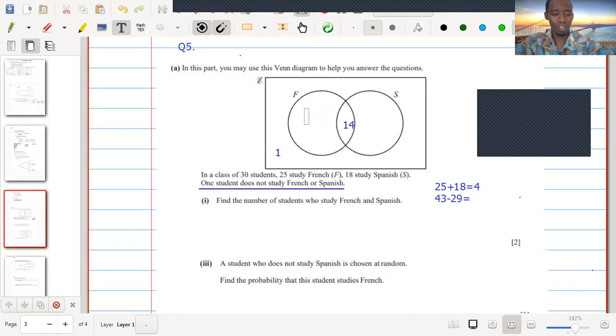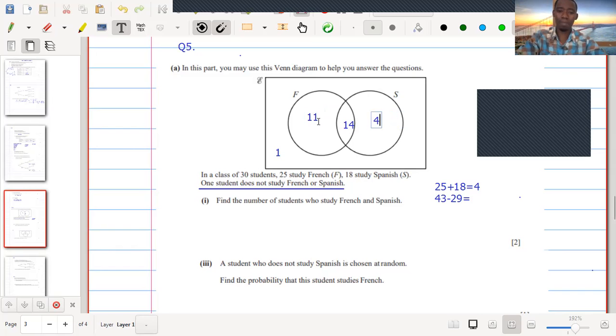So 11 students study only French, and here 18 study Spanish. We have 18, this is 14, so 18 minus 14 gives the remaining 4 students. Now let's verify if our graph satisfies all the requirements. They say 25 study French. Let's add and see.